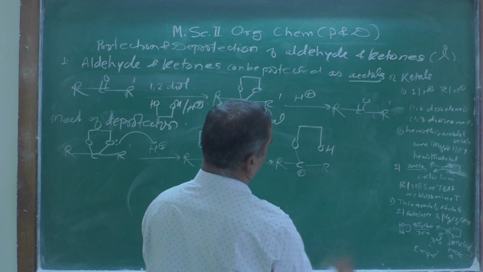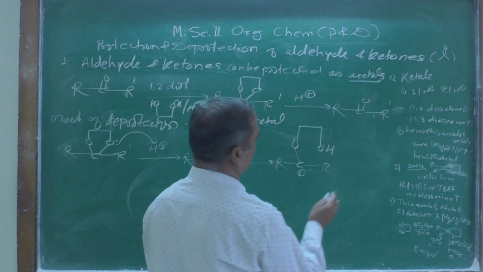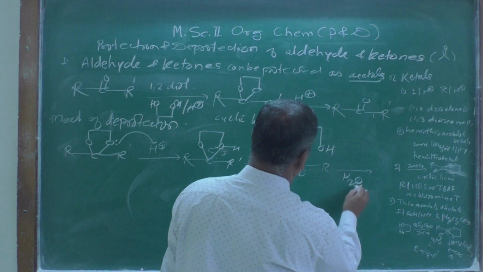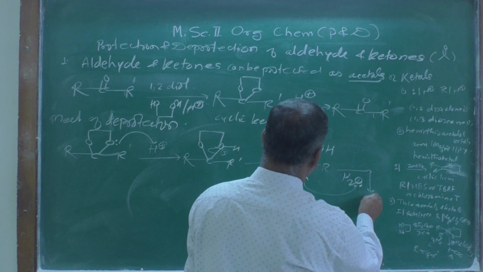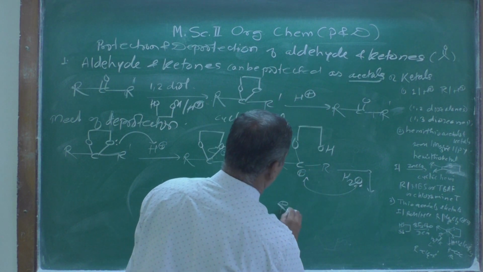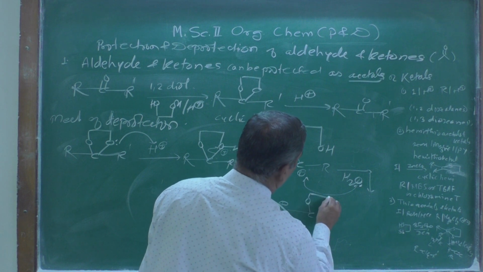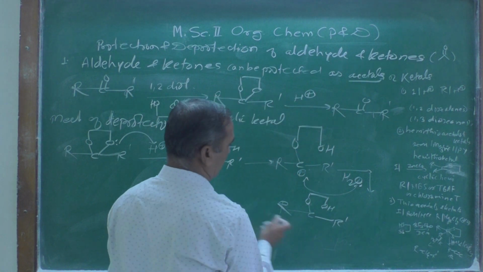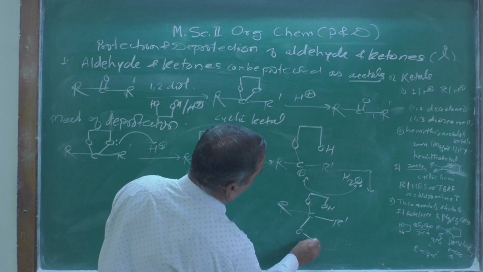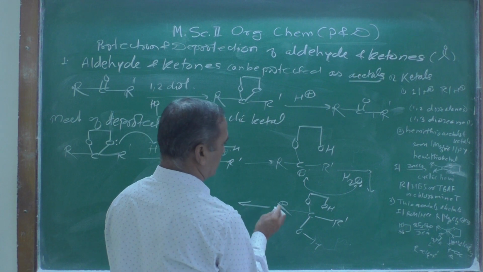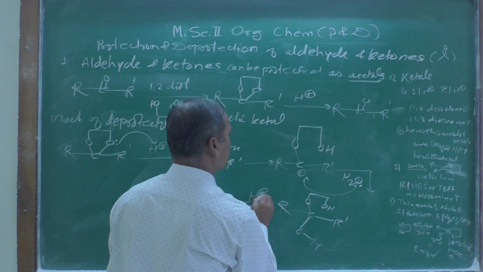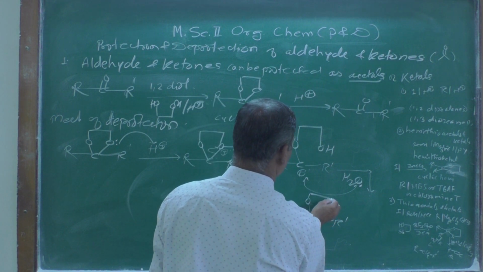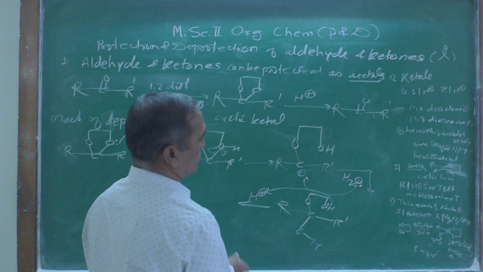The positive charge comes on this oxygen atom, and now the water molecule H2O is going to attack over there, and you are going to get here R, then C, O, CH2, OH, then R dash, and here is an OH.